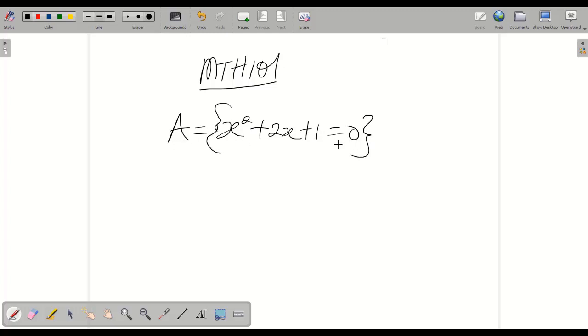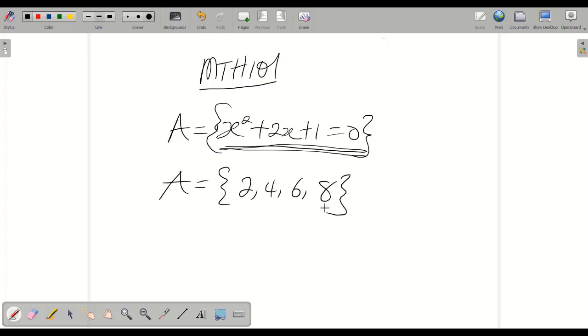This could also be considered as a set, whereby the solution of this quadratic equation is the element of the set. Now let's go simpler. If I say A is equal to 2, 4, 6, 8, you will agree with me that these are even numbers, right? This is the set.